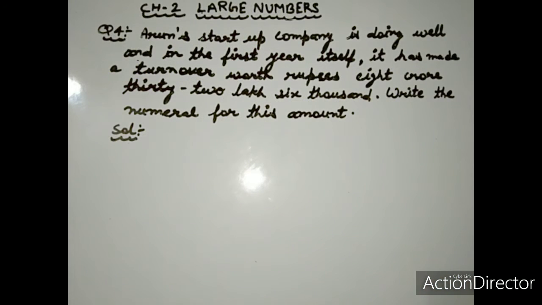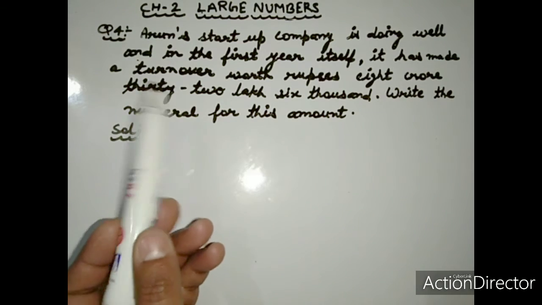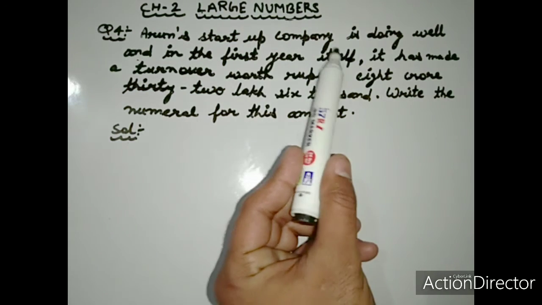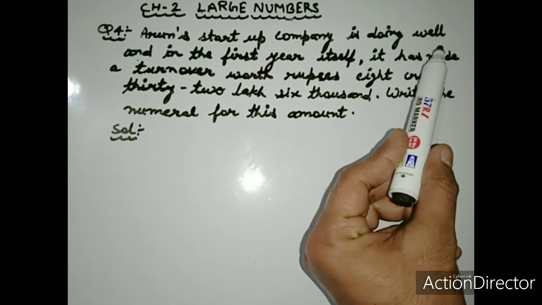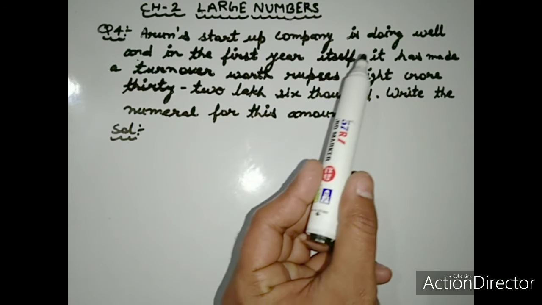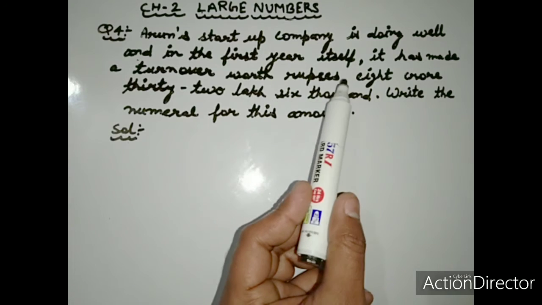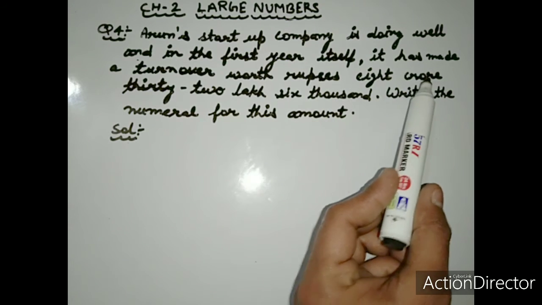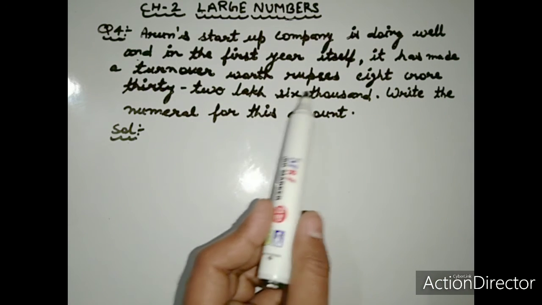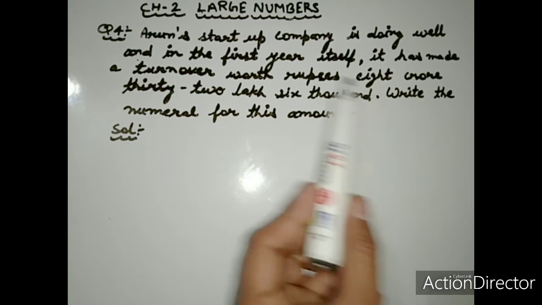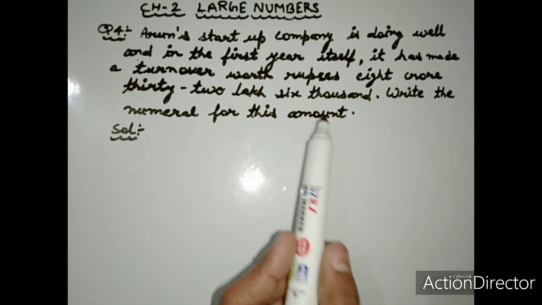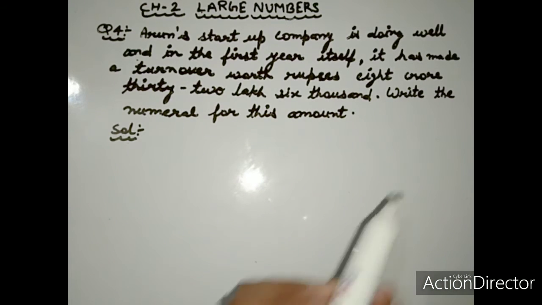Now students, here we solve question number 4. Arun's startup company is doing well, and in the first year itself it has made a turnover worth rupees 8 crore 32 lakh 6,000. So here we write the numeral for this amount. Here we write this word form in numeral form.